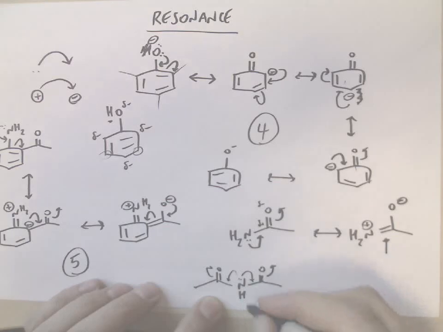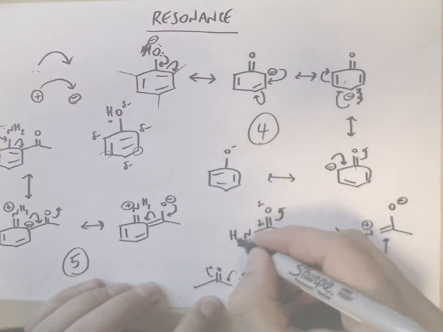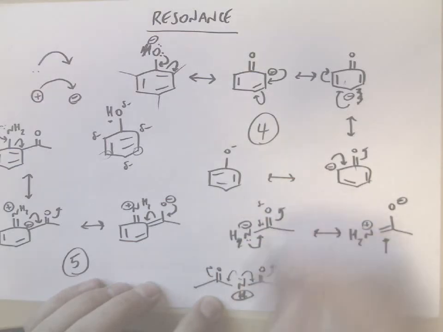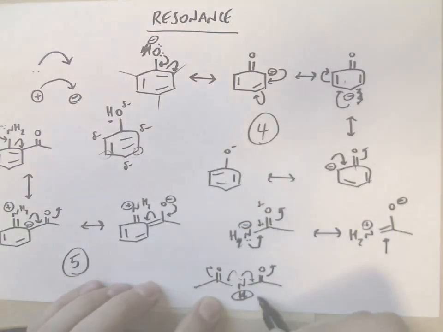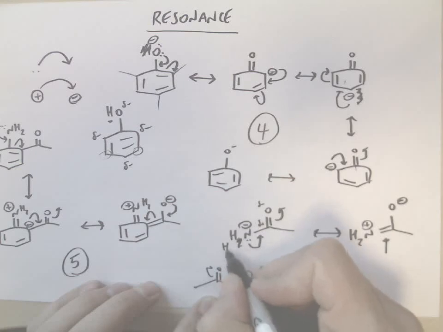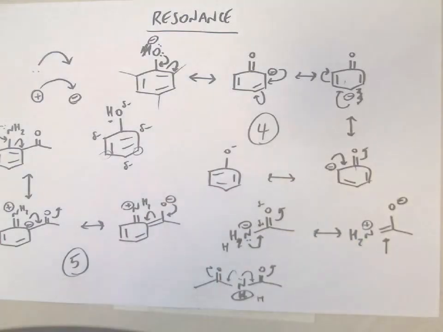And so if you formed the negative charge on that nitrogen, it's more stable than it would be over here when you've only got stabilization on one carbonyl. So this hydrogen would be more acidic than the hydrogen from the simple amide. And that's resonance.